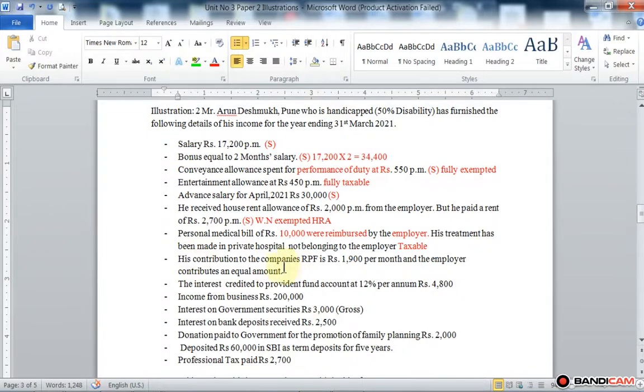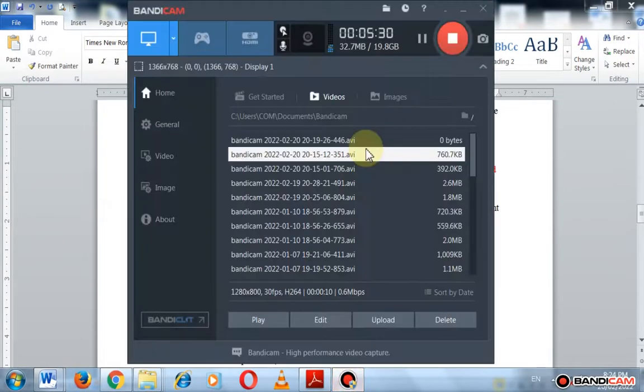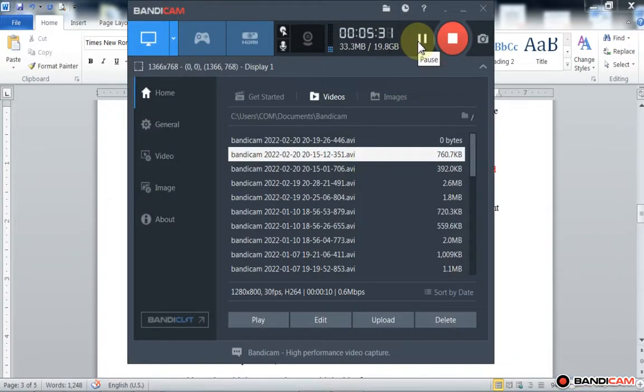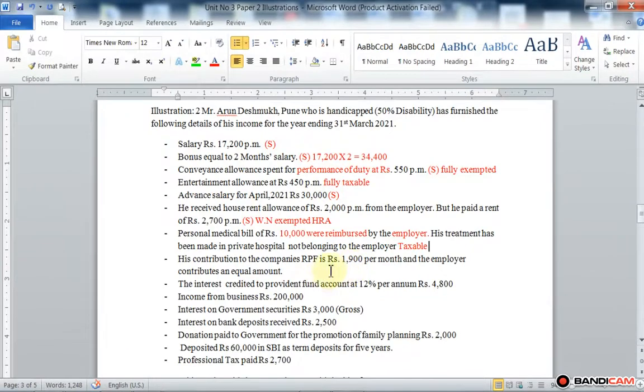His contribution to the company's recognized provident fund is rupees 1,900 per month, and the employer contributes an equal amount.